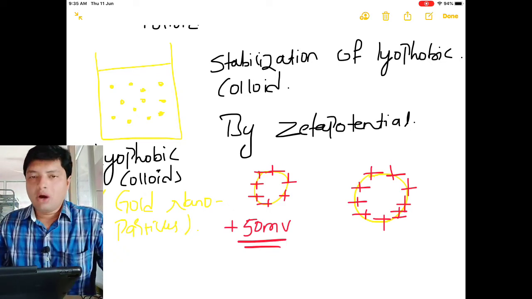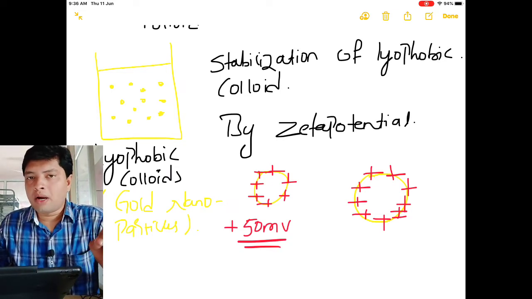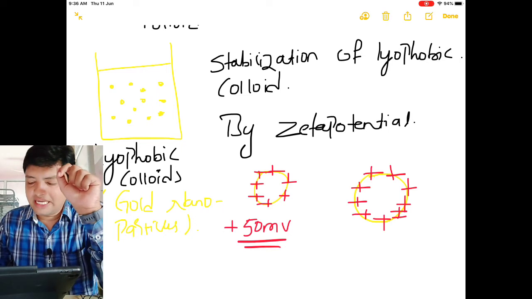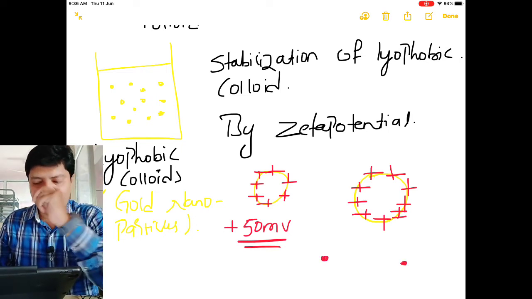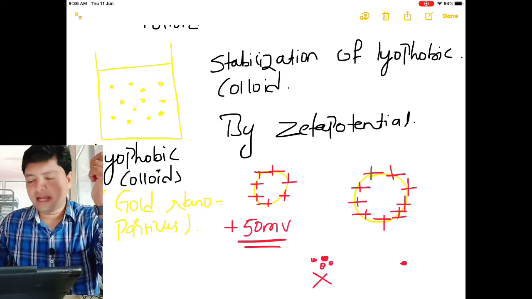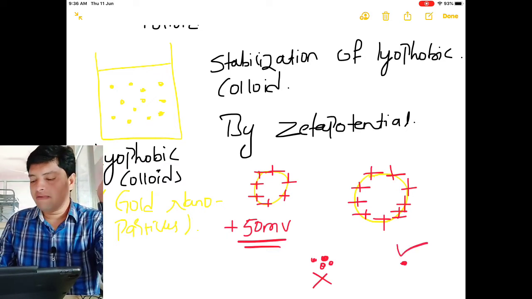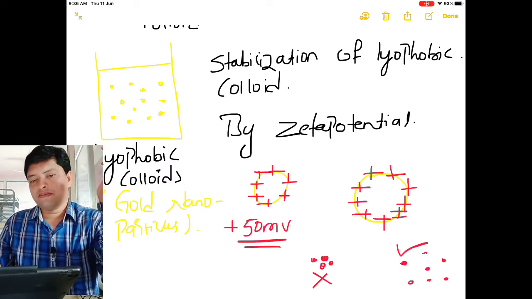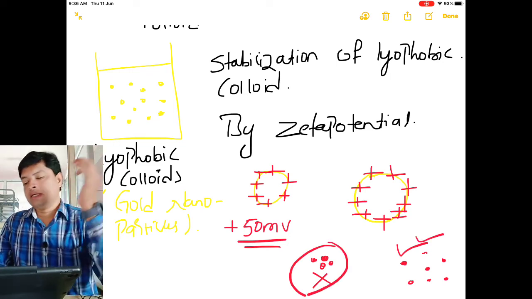Now, what we call stability in lyophobic colloids is that I want the colloidal particles to behave as individual particles like this. If they come together and form an aggregate like this, this is a sign of instability. I want them to be individual particles in a given solution. So this is the sign of instability, this is the sign of stability.